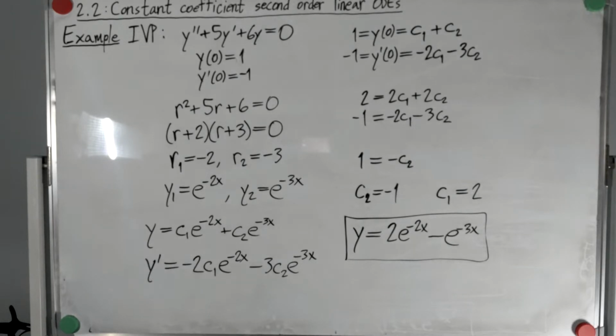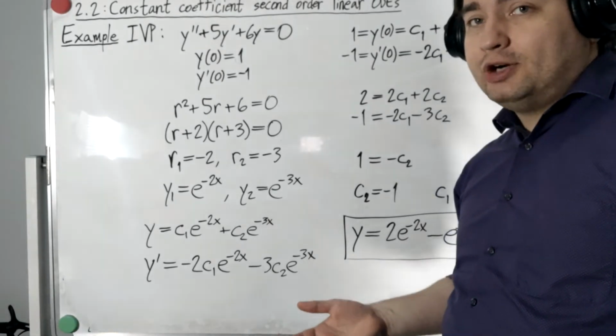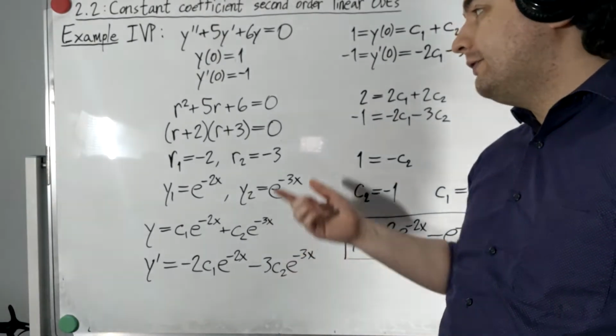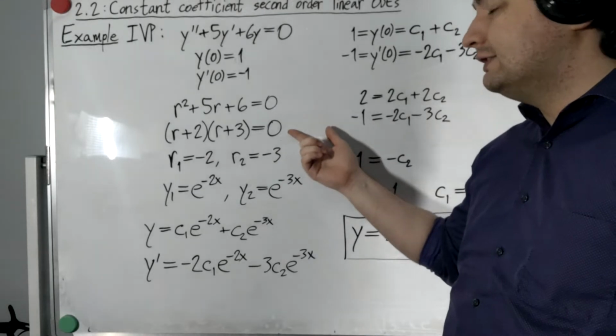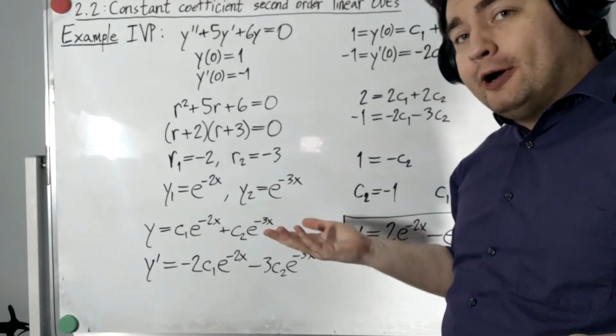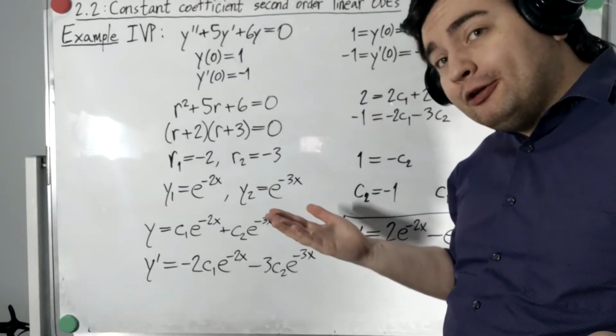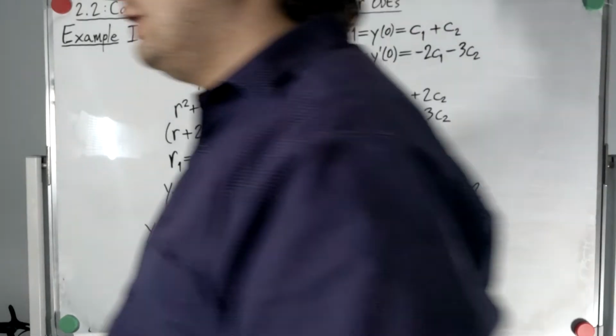Okay, so as I said last time, this process is made easier by the fact that the characteristic equation has distinct real roots. So today, what if the roots are not distinct or not real? That's what we'll talk about.